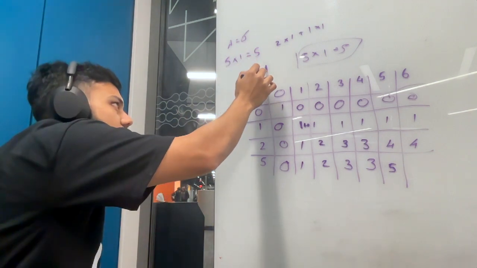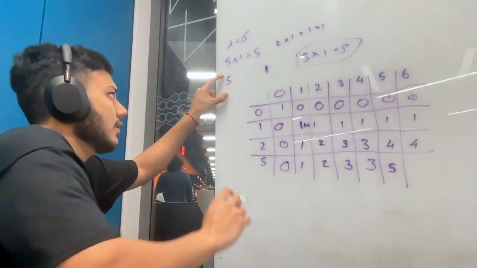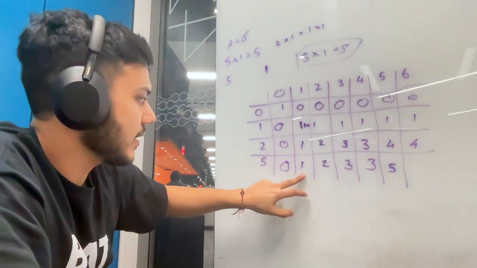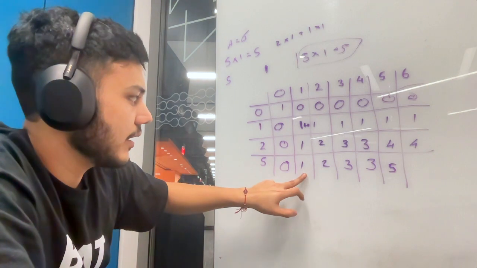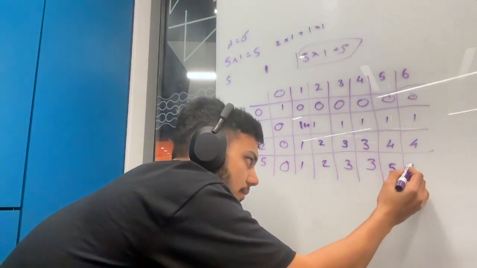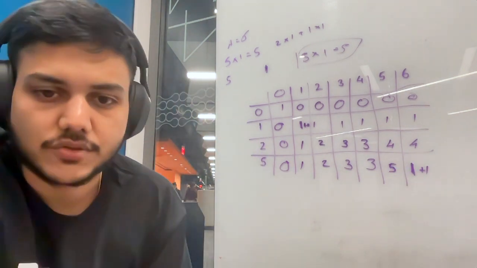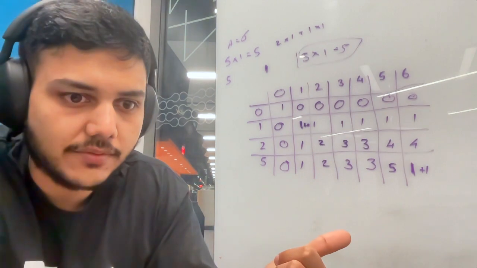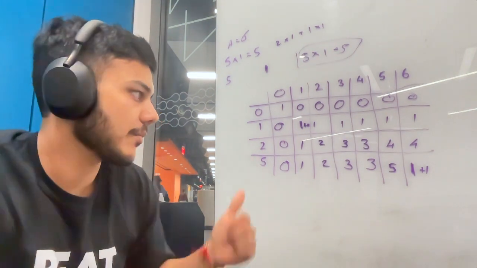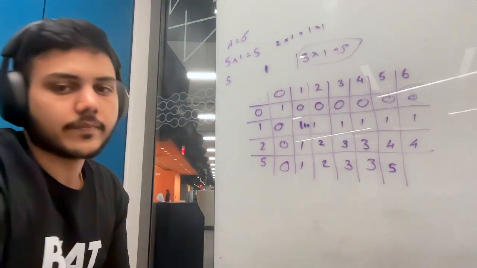With 5, can you make 1? So 5, remaining amount 1, we have it already here, right? So just take it from here. There is one possible way, plus 1, and then if we don't choose 5, you will have an explanation above. So yeah, that is how.